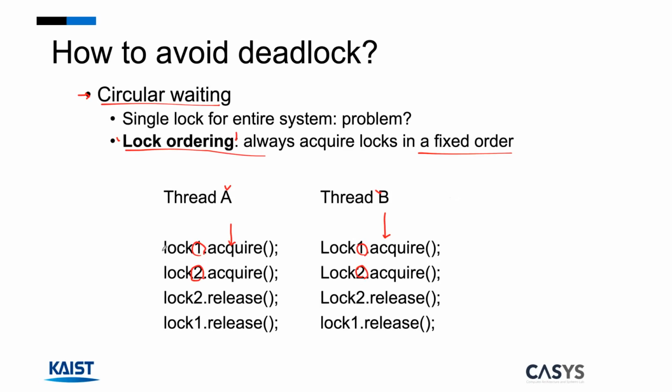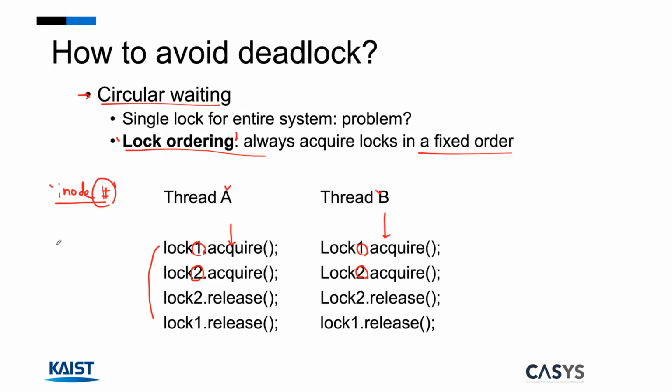There are many ways of implementing this. For example, inode. An inode is file metadata, and it has a number. Sometimes systems need to access many files. When you're updating an inode, you have to hold a lock protecting the inode. The common practice for this case is holding locks in inode number order.